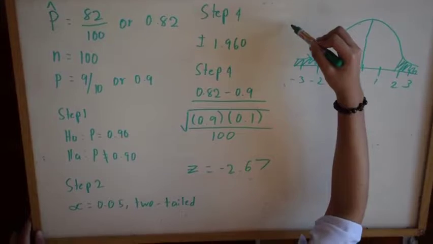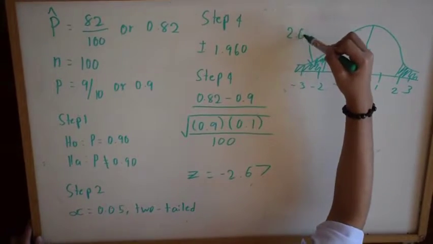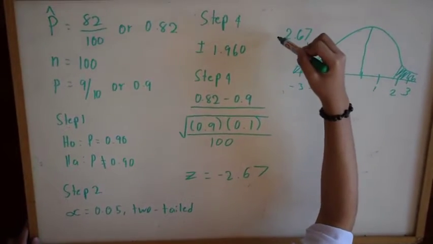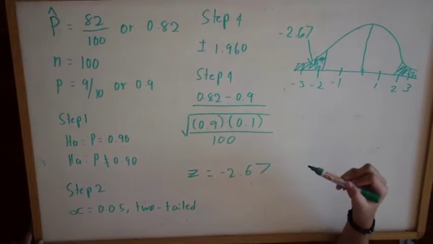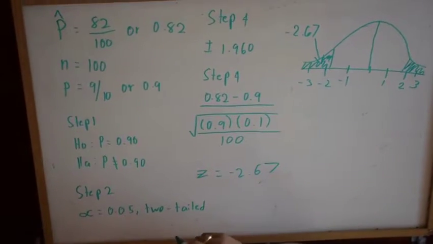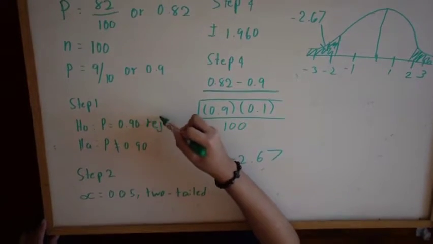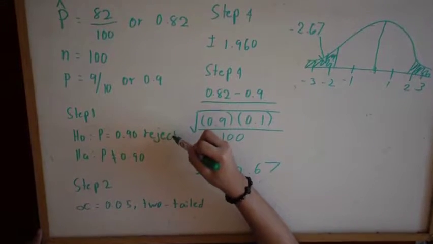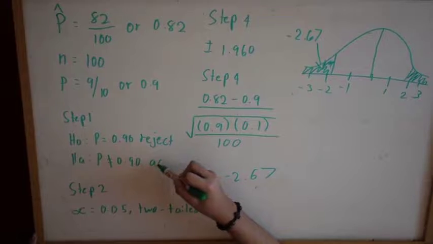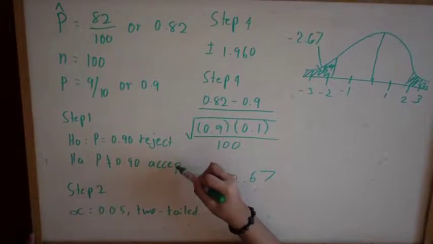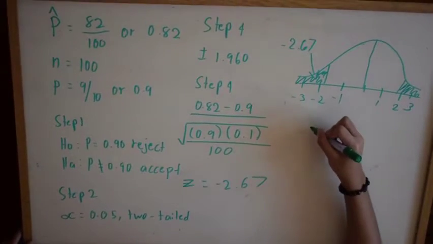So since our z value is negative 2.67, it means that our null hypothesis, which is P equals 0.90, is rejected since it belongs in the shaded region, which is the rejection region for the null hypothesis. And then we will accept our alternative hypothesis.